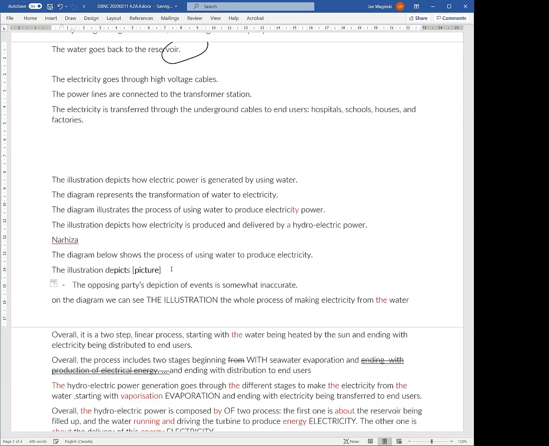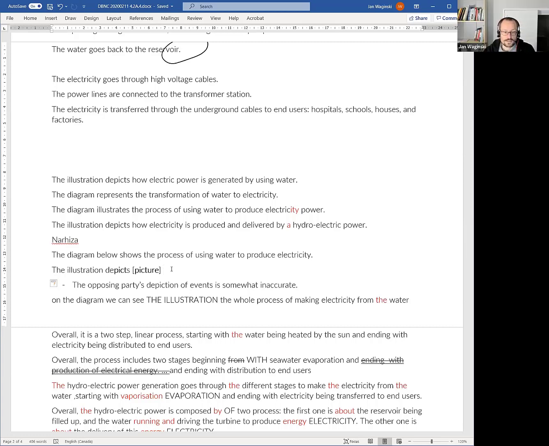If husband and wife are arguing about what happened in a divorce case, wife says one thing, husband says another thing, that's when this would be appropriate. Your Honor, or ladies and gentlemen of the jury, the opposing party's depiction of events is somewhat inaccurate, right? Then you would give your accurate portrayal of events.